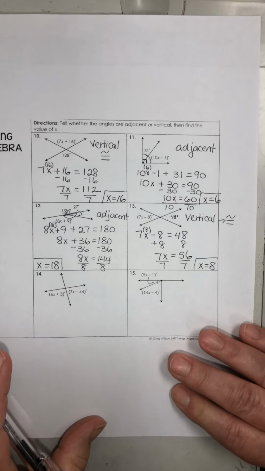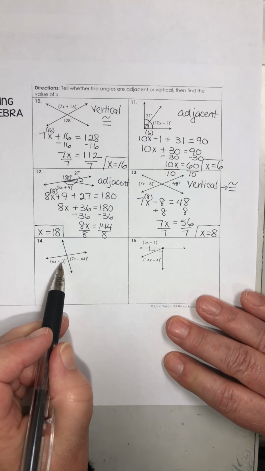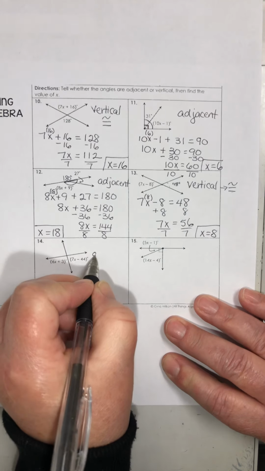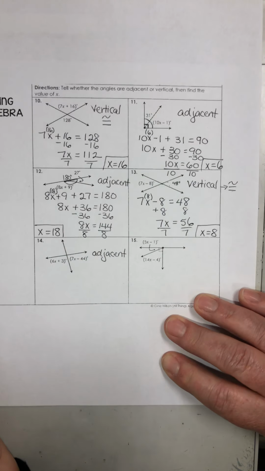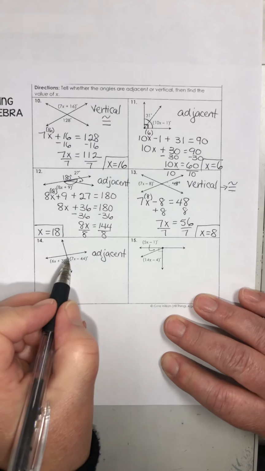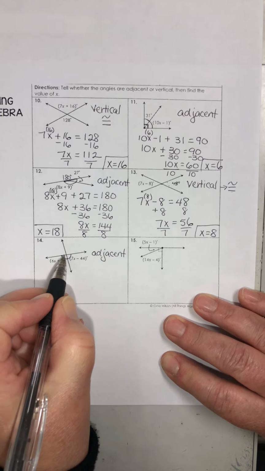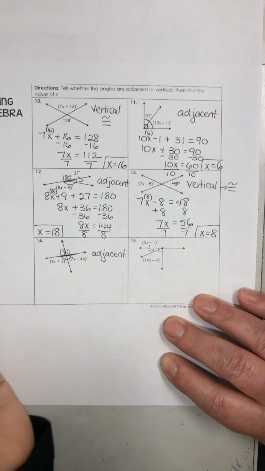All right, number 14. Number 14, if we look at their relationship, it looks like they're sharing this side. They're sitting side by side, so they are adjacent. Okay, and if we look at adding this angle to this angle, they create this straight line that's going here. So that's 180 degrees, a straight line.